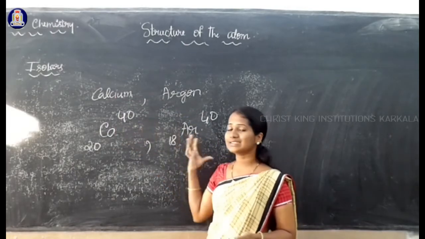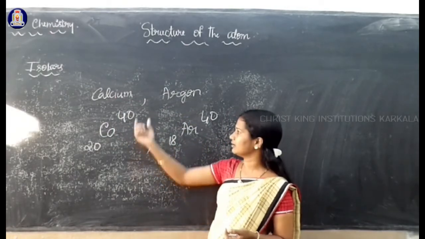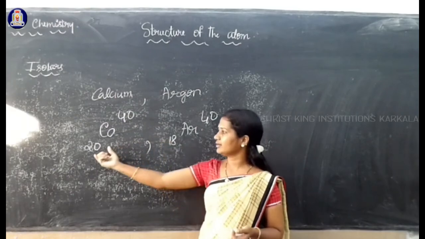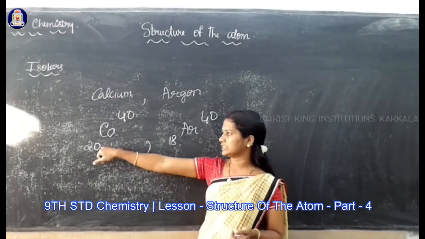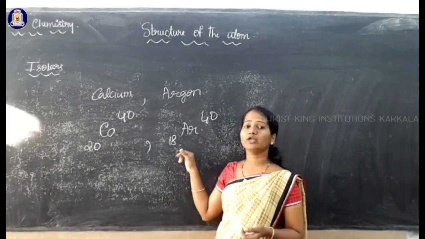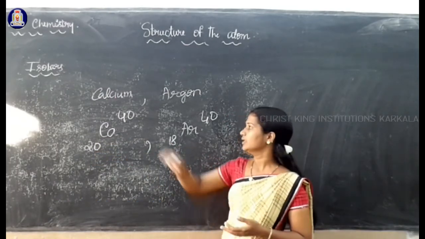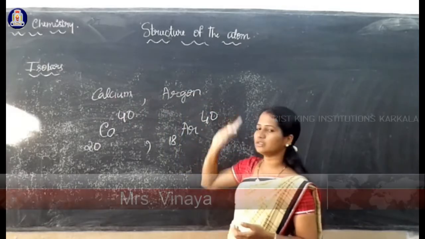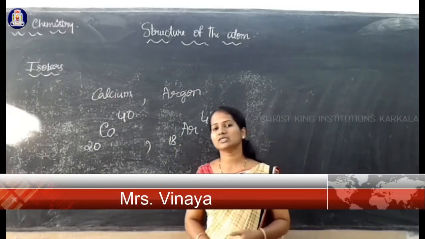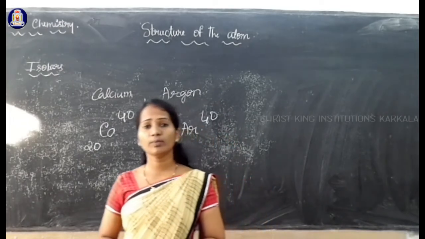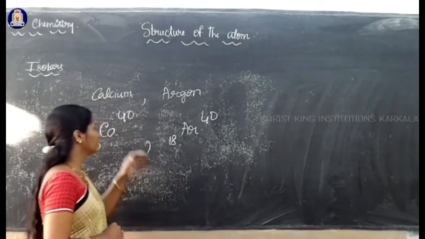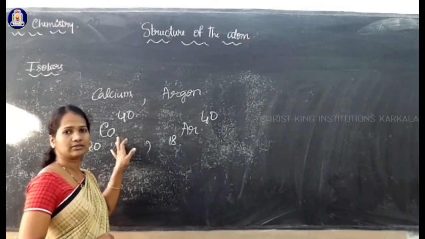What you can see in this case is they have different atomic numbers. This is 20, this is 18. But what you can say about mass number, this is 40 and the second one is also 40. So these types of elements we call isobars.